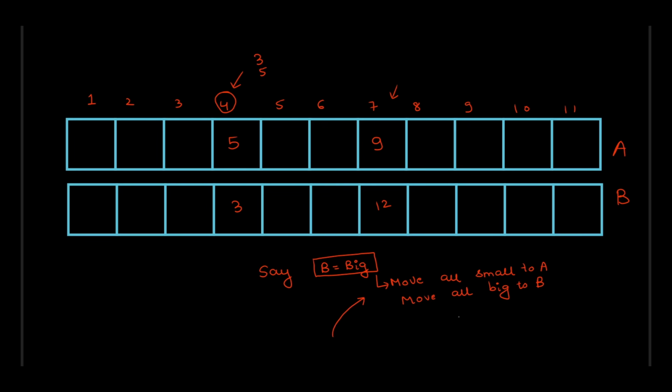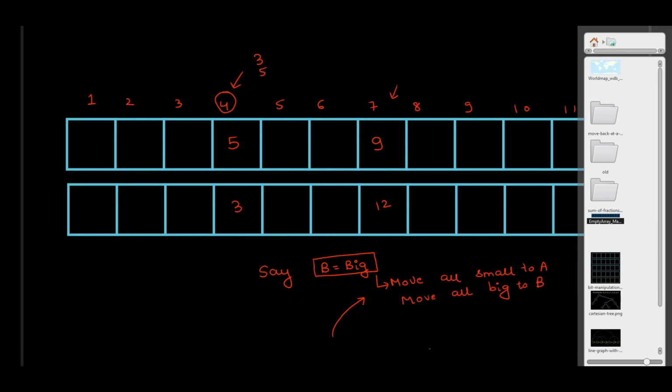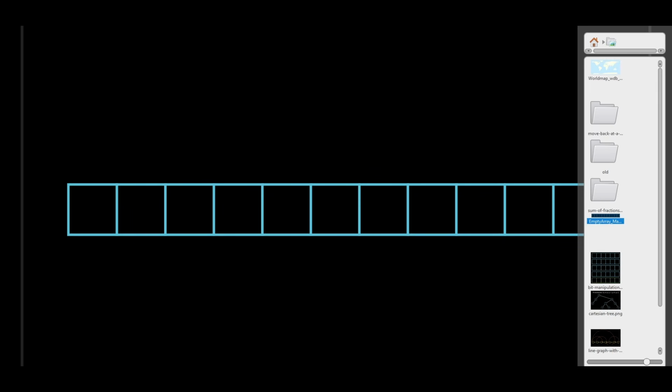Now after doing this transformation, first let's see whether the array will be sorted or not, and if not, what are the consequences. Once you have done this transformation, you can assume that this is A and you can assume this is B, and we know for sure that A_i is less than B_i.